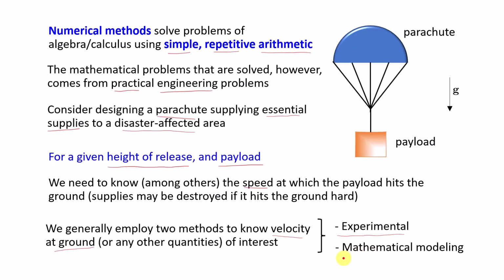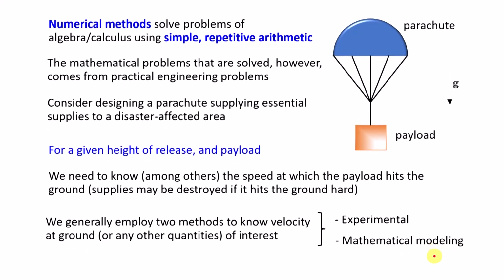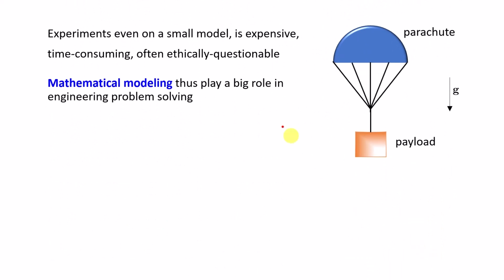The second option is that without going through this experiment, you do it using pen and paper, or in a digital computer if you require numerical work. So the second aspect is mathematical modeling, a calculation of this speed at ground. Experiment, when you do it, will be expensive and time consuming as well.